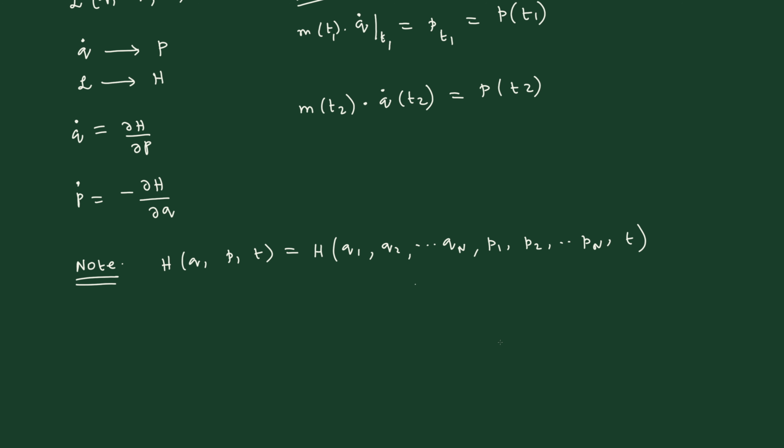Time may be explicitly present, and in some systems it may not be present, but in the most general situation when time is also present, we write it like this. The important point is that whether you write q1, q2, etc. or not, it means that all the degrees of freedom are included in the system. This has to go without saying.